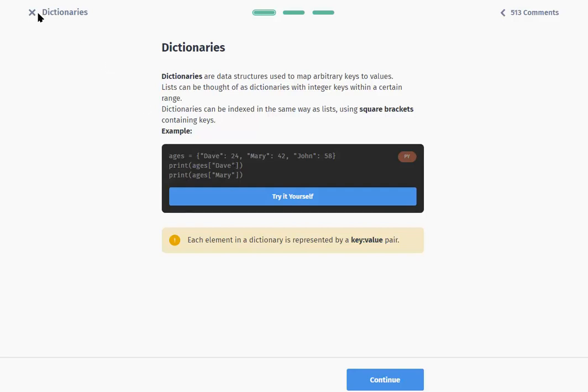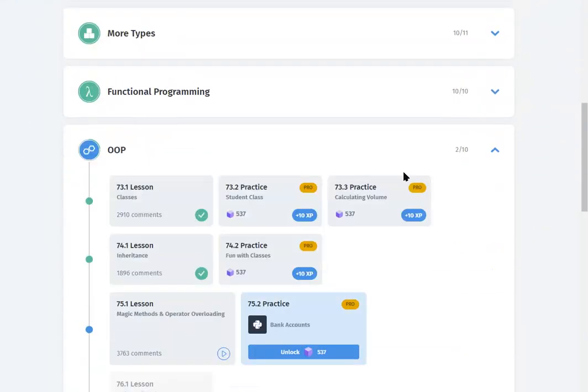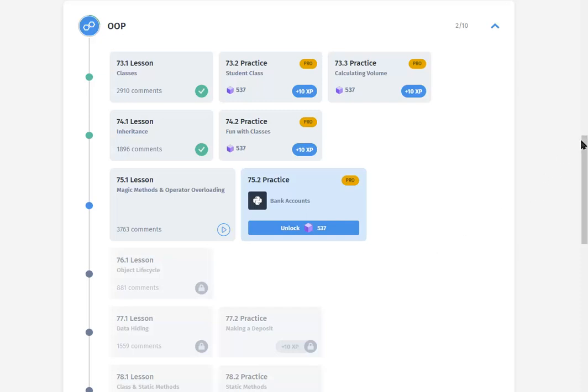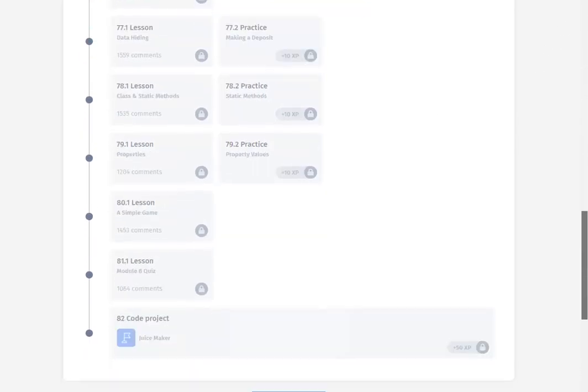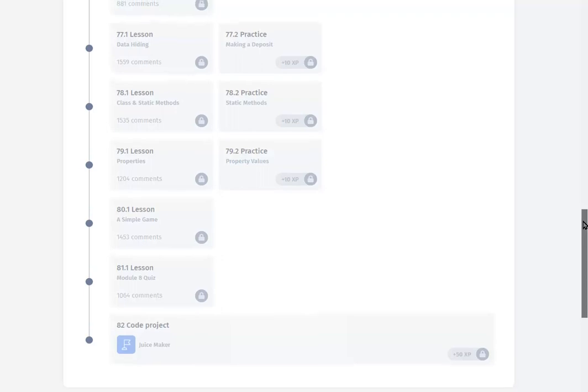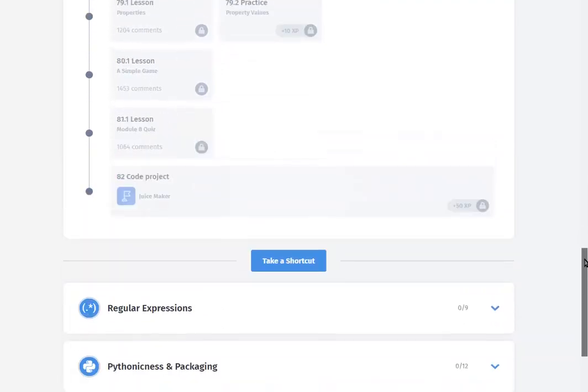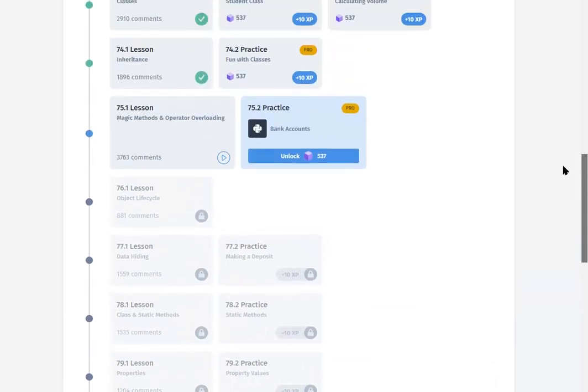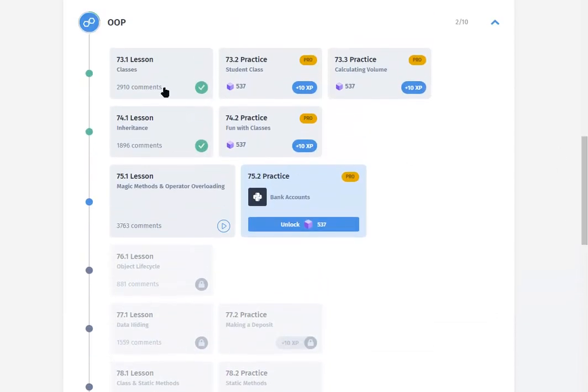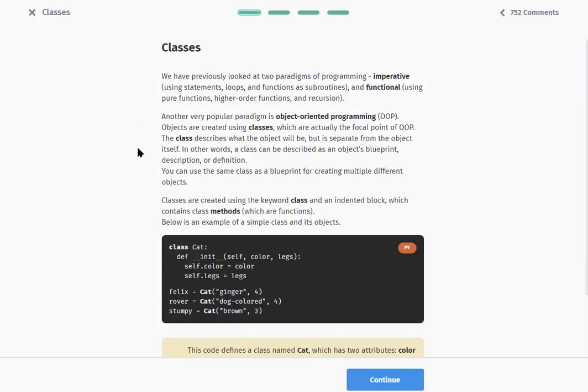Just to go back so you can see, there's also the one on classes here. Let's see, where's the one on classes? Oh, here we go. They talk about classes here. Here's the class, and here you define it, and these are the attributes.